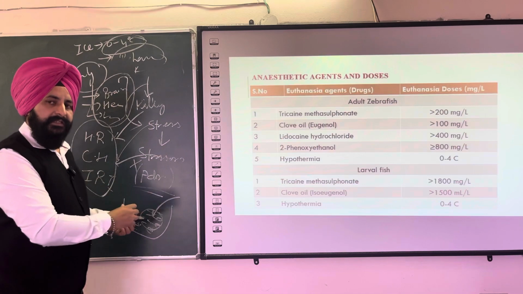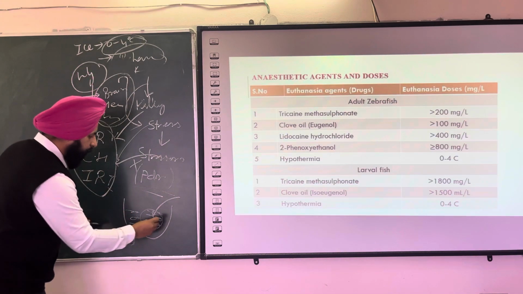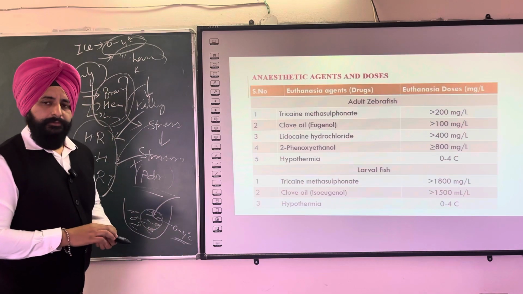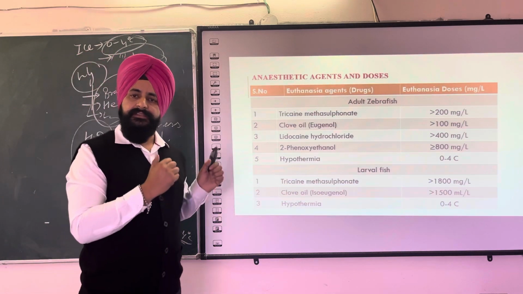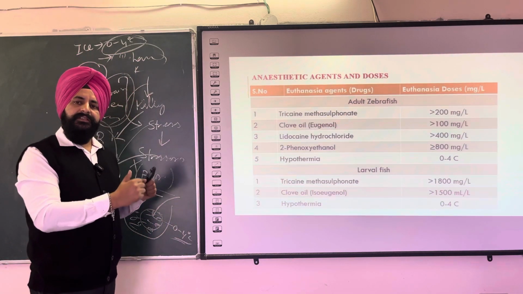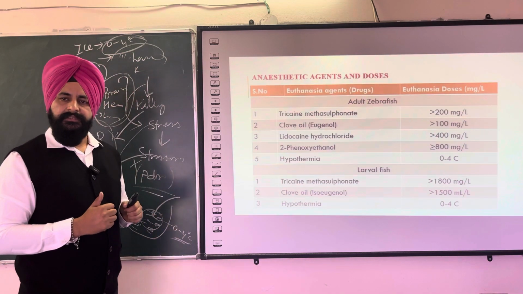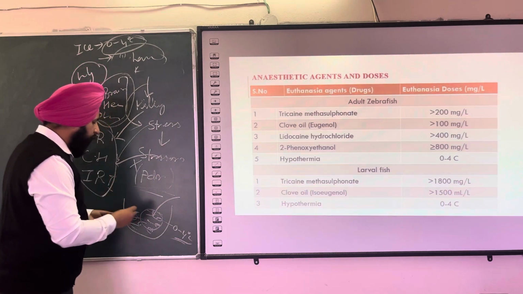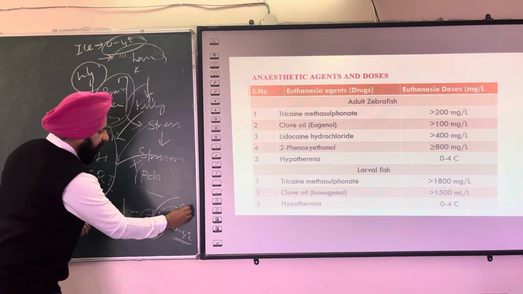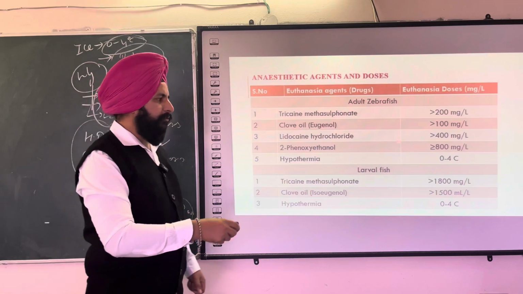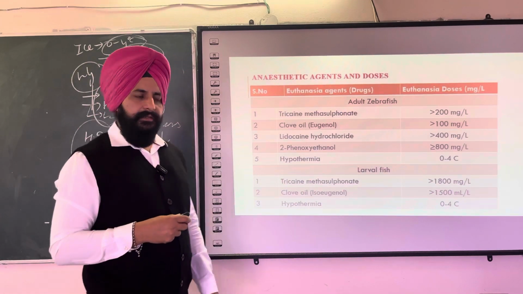This technique, where you keep the zebrafish at 0 to 4 degrees centigrade, is very useful if you are giving an intraperitoneal injection to the zebrafish, administering a drug orally using a cannula, or taking the body weight of the zebrafish. This is a very useful technique. So hypothermia is also used in zebrafish.